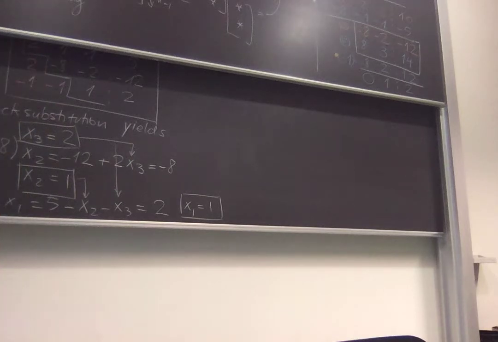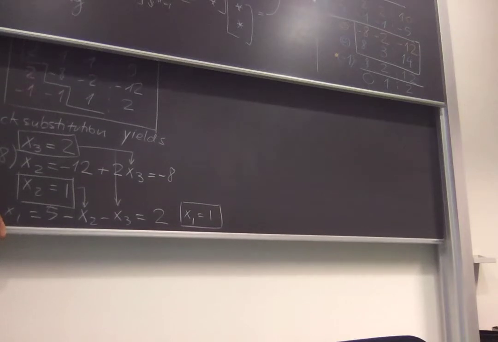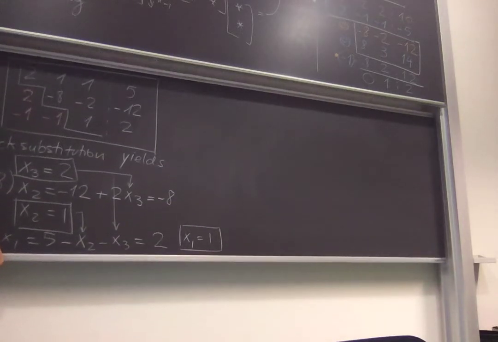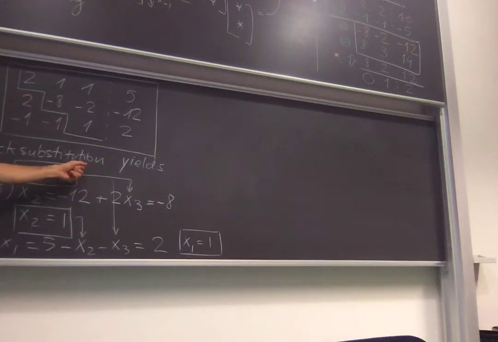There's no need to fill the board with arrows, because anyway, they don't mean much, and everybody knows that we're deducing one equation from the next. All right. So this is basically the solution of the linear system. Of course, you are very precious people. You are very intelligent humans. The purpose of this is not to teach you this procedure.